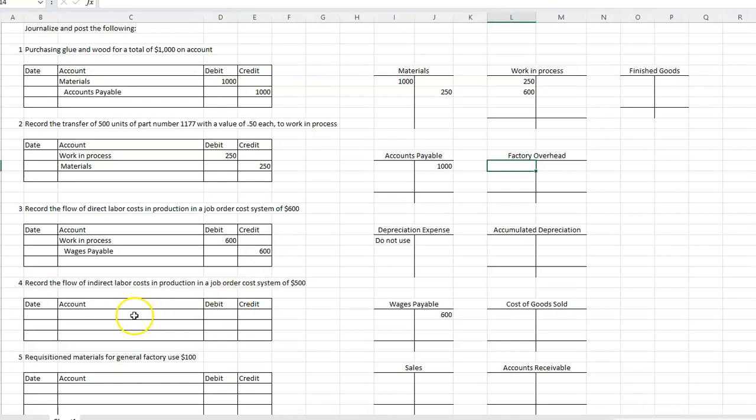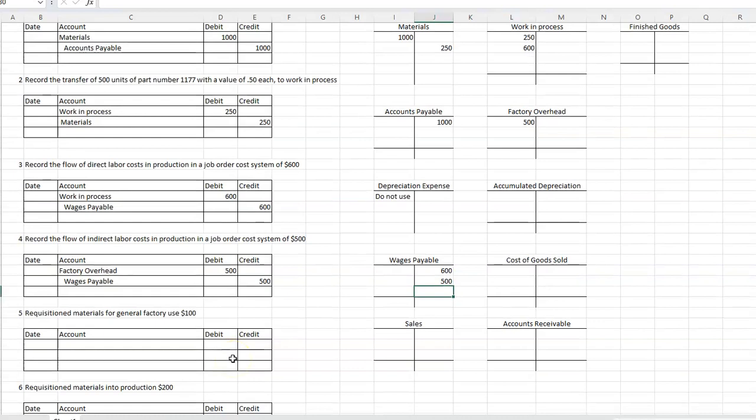So we're going to debit factory overhead. And it's still labor, so we're still going to do wages payable, and it'll be $500. So let's look and see what that looks like in our T accounts. Factory overhead goes up with a debit, and wages payable goes up with a credit.